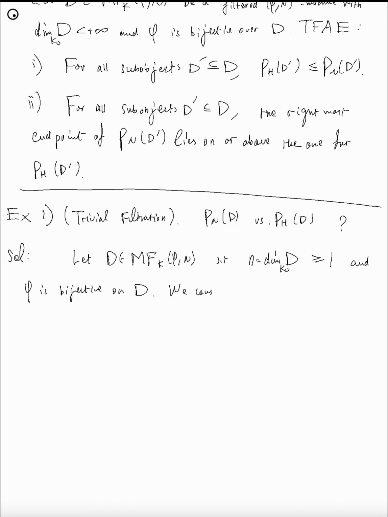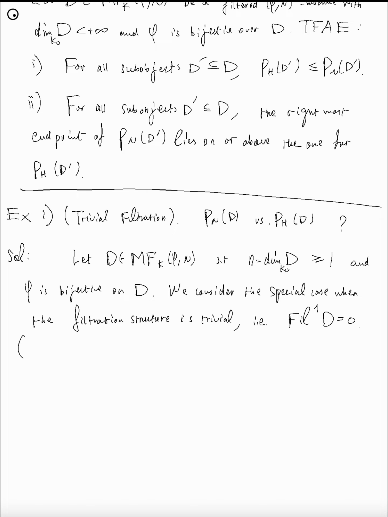We consider the special case 1, where the filtration structure is trivial, which means Fil 1 is 0.